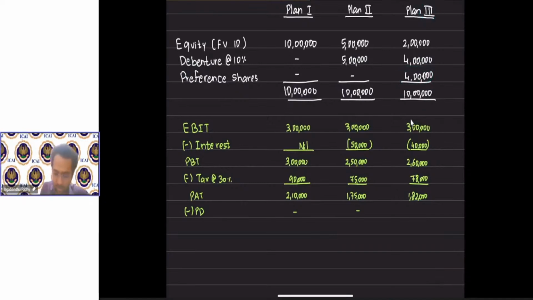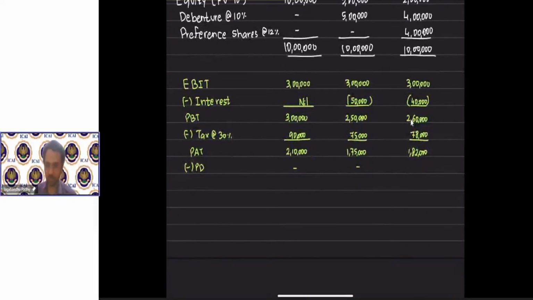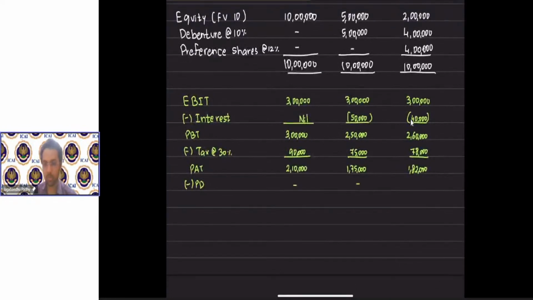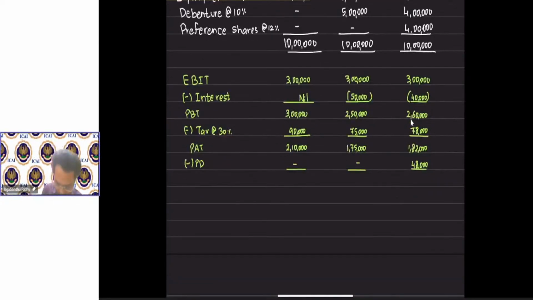And let's say the preference shares are costing us 12%, which is quite obvious. Preference shares will require a higher rate of return. So 12% of 4 lakh works out to be 48,000.